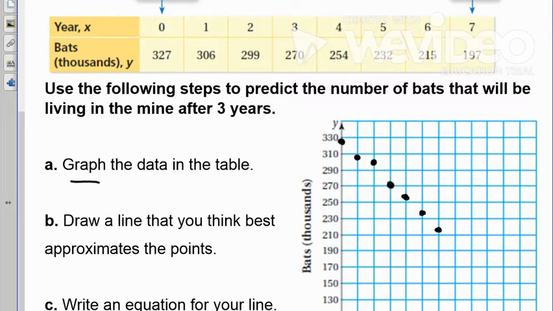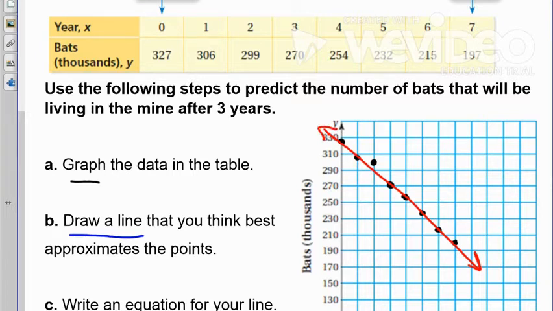As we go through graphing this, you can start to recognize that there is a pattern or a trend here. Since it is a negative linear trend, which is what we talked about in 9.1, we are able to draw a line of best fit. So I drew this line here, and it's the best that I could make it.